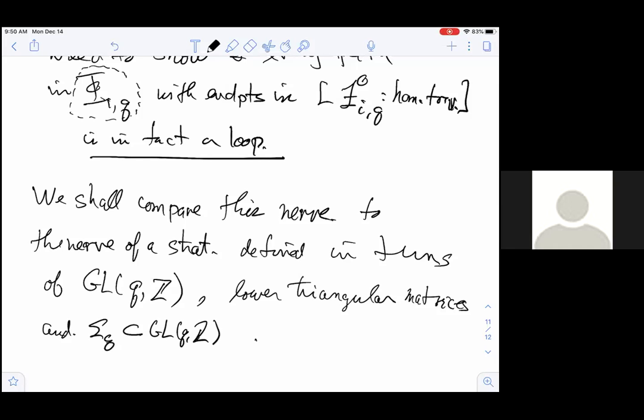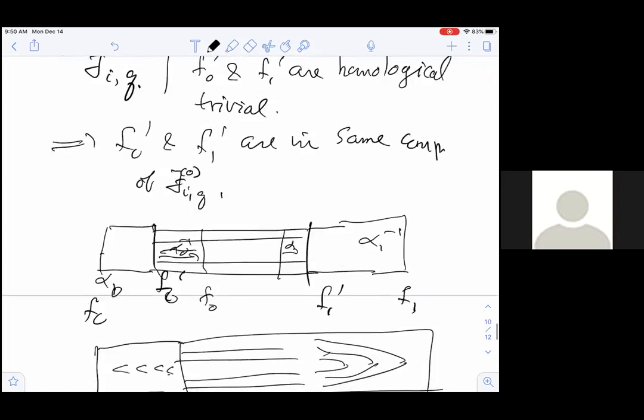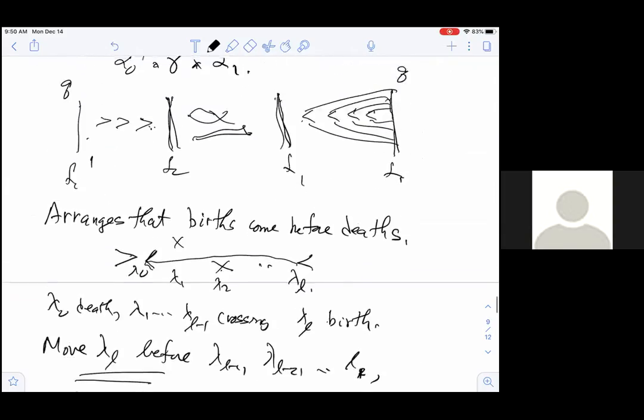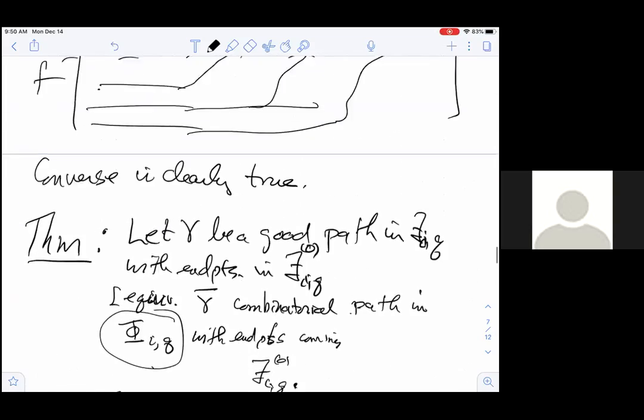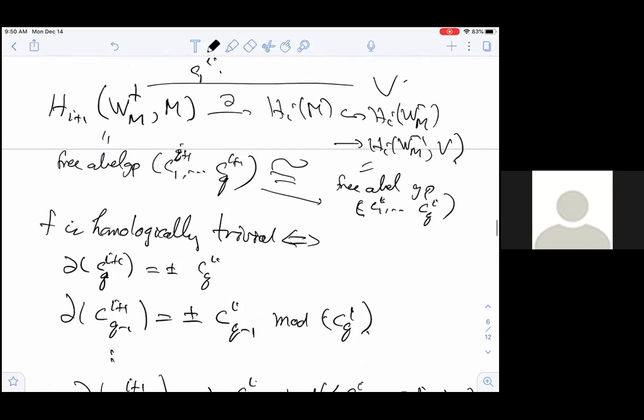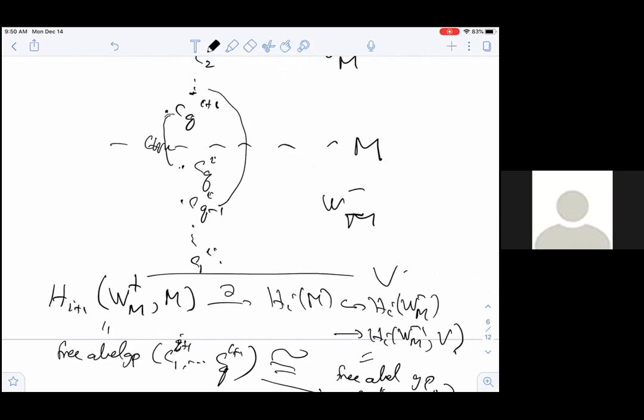So the lower triangular matrices correspond to the fact that when we talked about pairs canceling each other, that was really something about a lower triangular matrix.